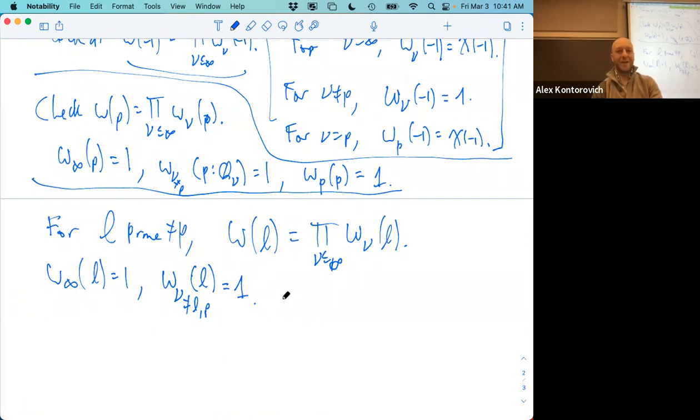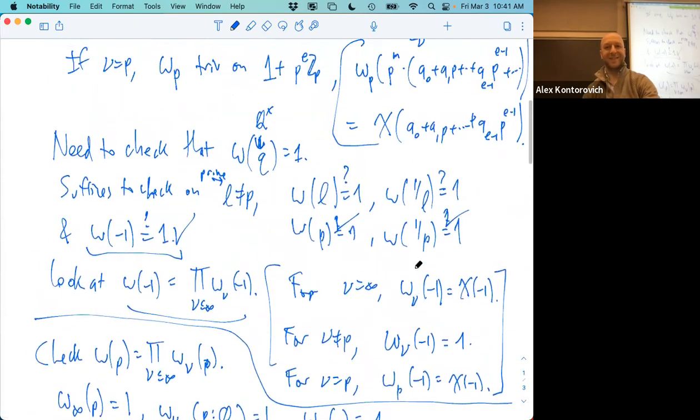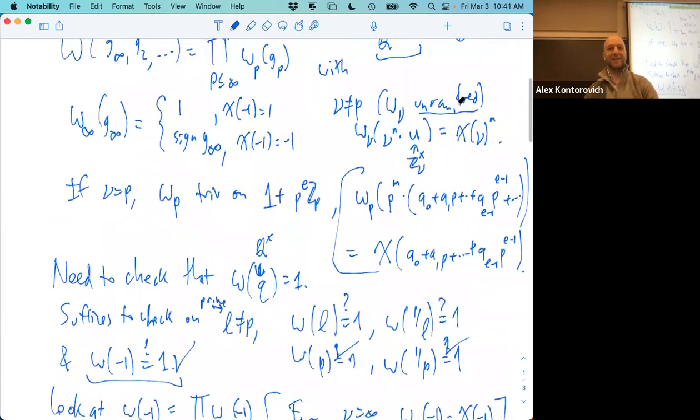If L is equal to nu, so omega_L of L, still unramified, what do we get? On unramified places nu, if you have a unit times the power of nu, you get chi of nu to that power.